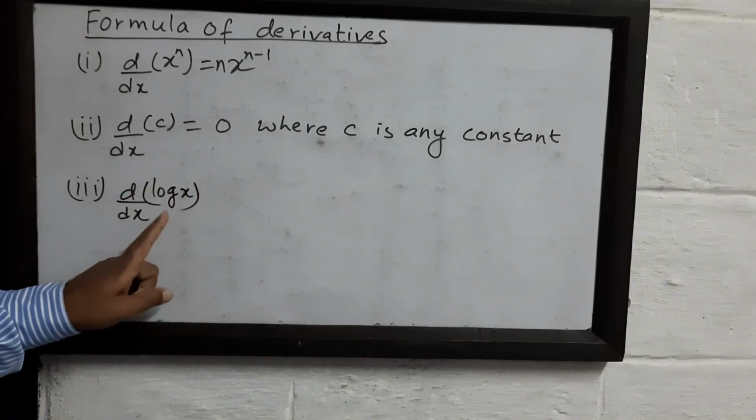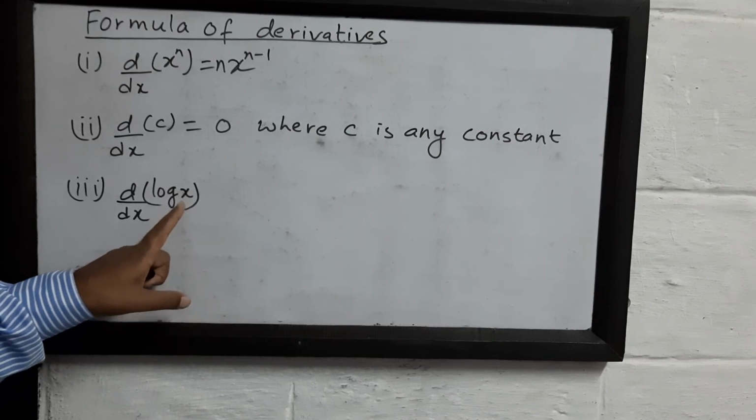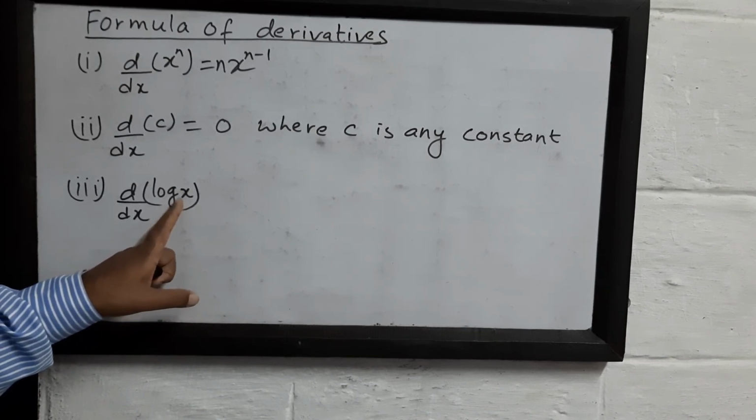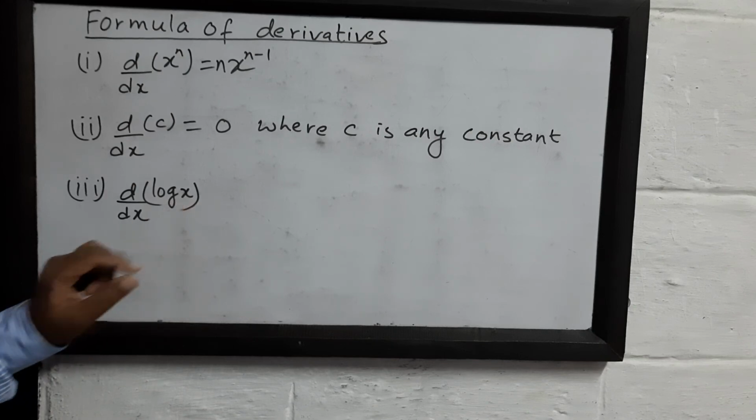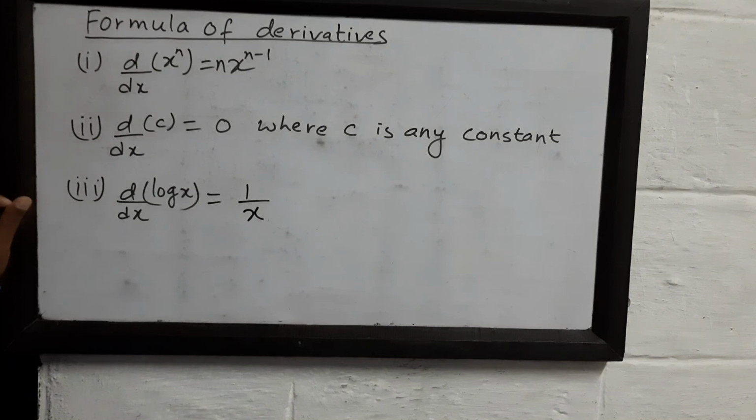Here log x or ln x is the same thing. While writing, if the base is not mentioned, we should understand that its base is e, so its derivative is 1 over x.